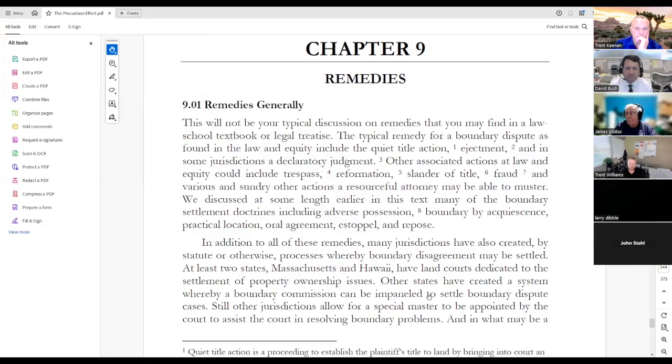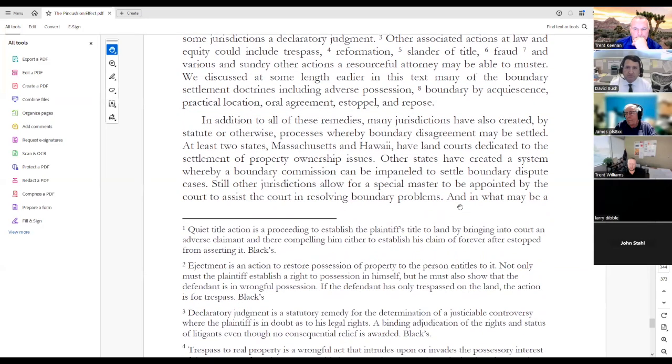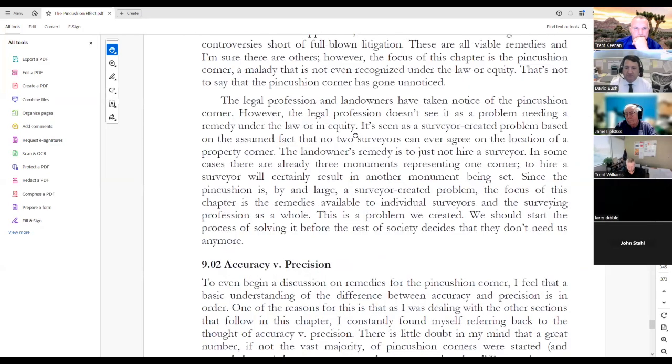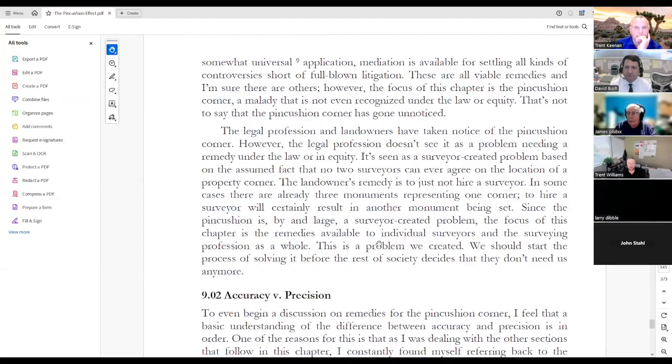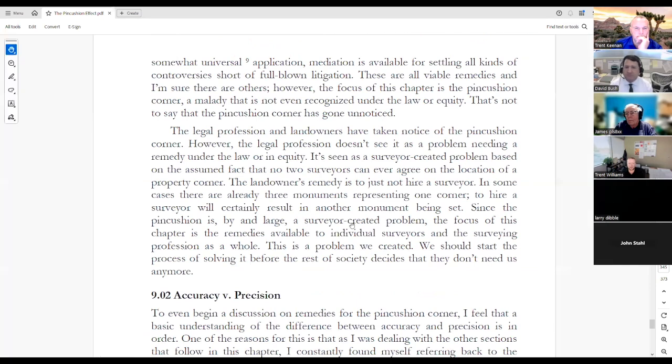Other states have created a system whereby a boundary commission can be impaneled to settle a boundary dispute case. Still other jurisdictions allow for a special master to be appointed by the court to assist the court in resolving boundary problems and in what may be somewhat universal application, mediation is available for settling all kinds of controversies short of full-blown litigation. These are all viable remedies, and I'm sure there are others.